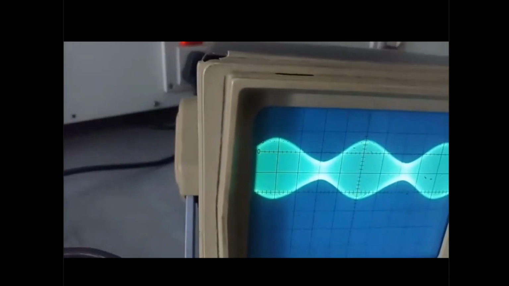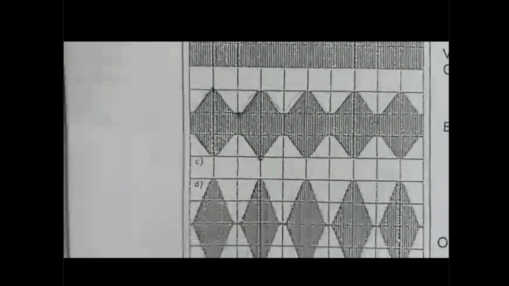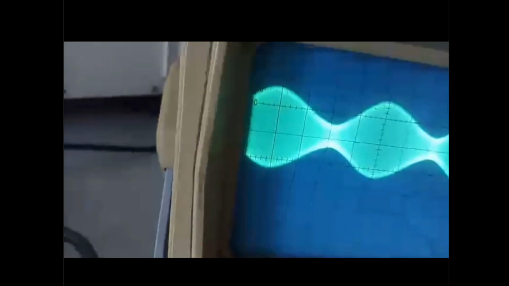This is your output when it is perfectly modulated. The first case, as I showed you in the manual, is perfect modulation. When the modulation index is less than 1, m is less than 1, we have this output here.